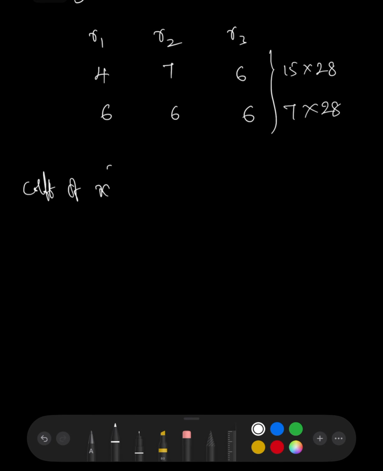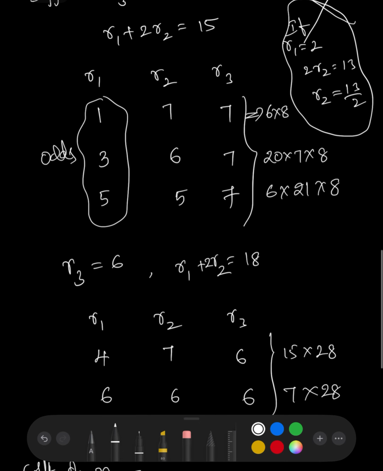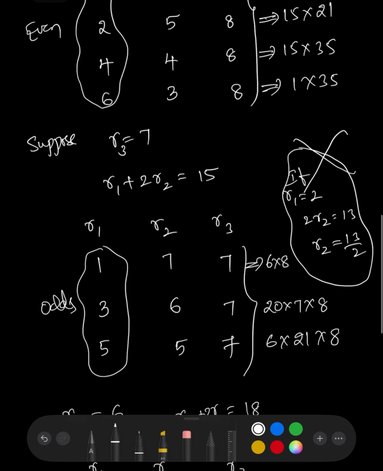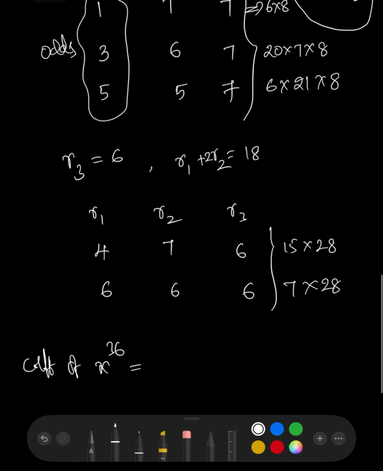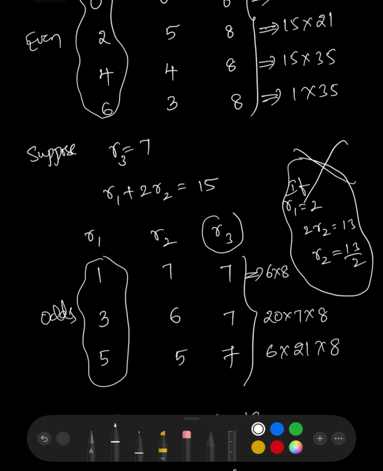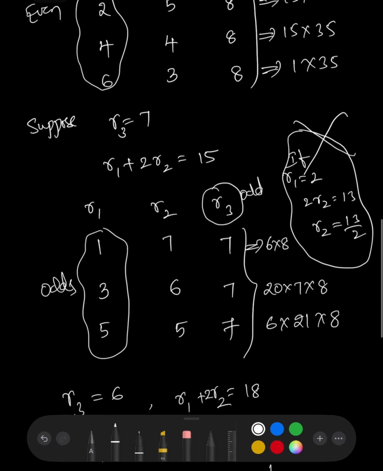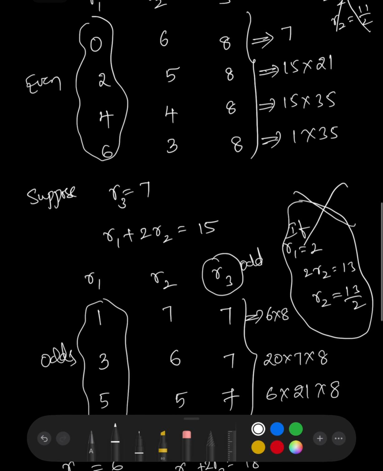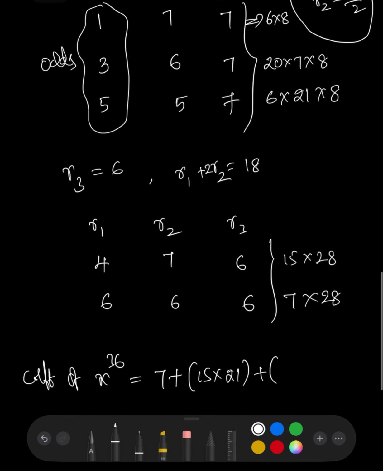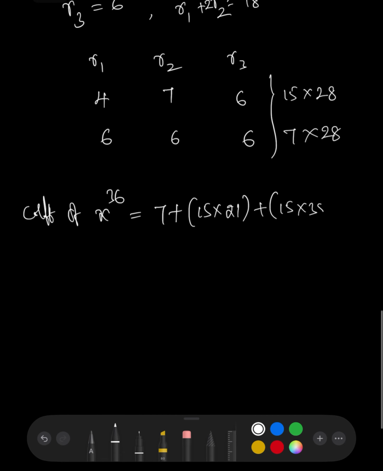Now the coefficient of x power 36 equals: the middle case has r3 value 7, so it is negative. The first and third cases we need to add, and the middle values we need to subtract. First case: 7 into 7 plus 15 into 21, then 15 into 35, and the last value 35.